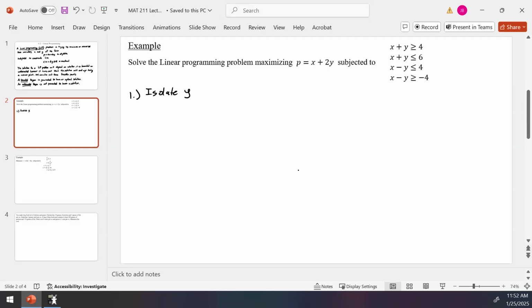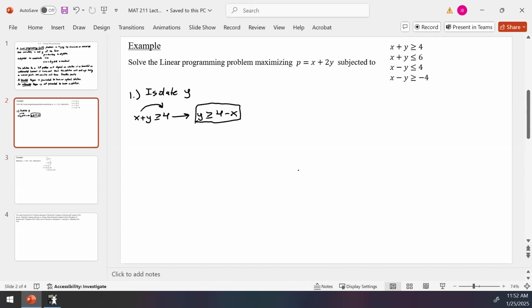So taking the first equation, x plus y is greater than or equal to 4. That's going to become y is greater than or equal to 4 minus x. I just subtracted over the x, right? So I moved it over. And now we have this equation, and we can call this equation number 1.